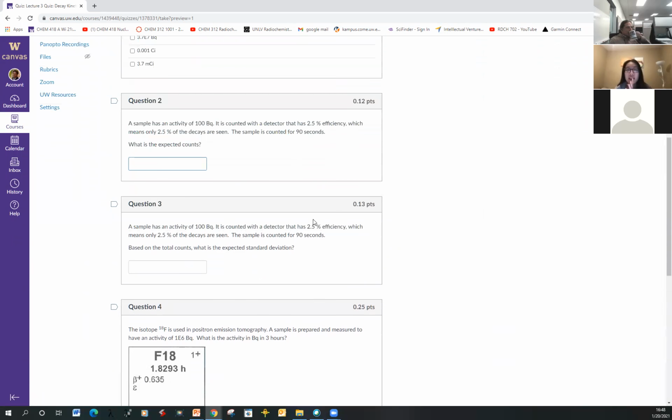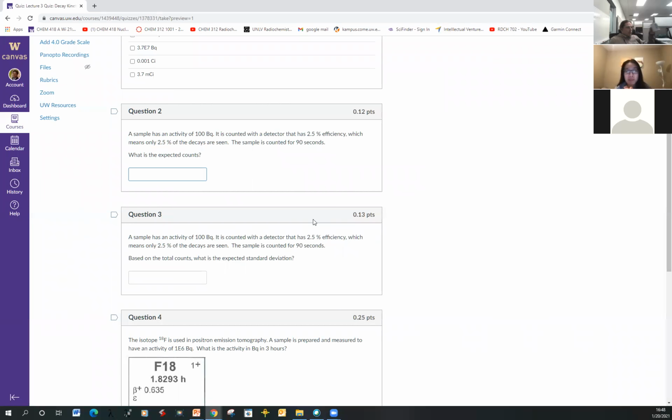But when I was doing that problem at first, I was using the formula A equals lambda times N, and I was trying hard to find out the moles, and then use moles to find the counts. No, I get that.